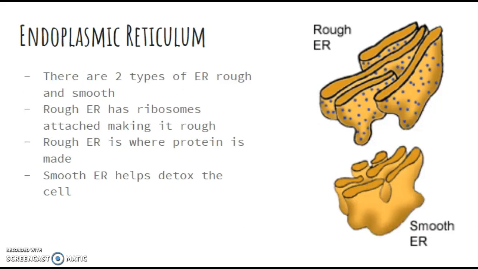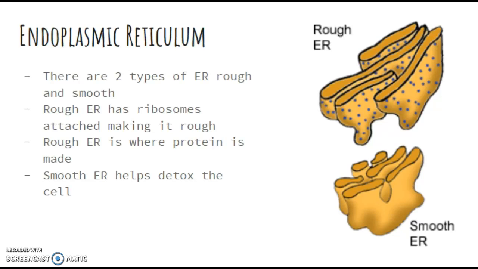Our next one is the endoplasmic reticulum. In your family there's some rough members. They might be a little rough around the edges, but they get things done, and in this case those rough ones we call rough ER. When they get things done, they're making proteins. Then we also have those other family members that are all smooth, and they keep everyone working well together, make sure that no toxic conversations are happening, and make sure everyone's included.